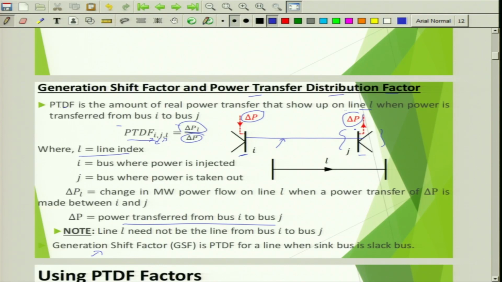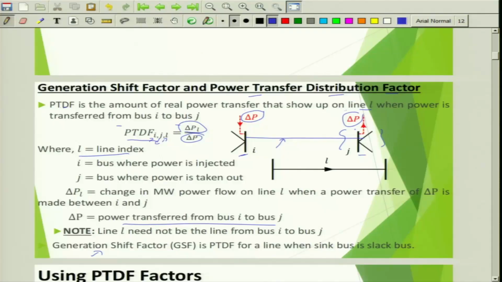That means what is happening, the slack bus is trying to compensate for the change in power flow at some specific bus I by consuming it, or it is like a negative injection. You understand, there is a positive injection and there is a negative injection or consumption, which the slack bus is maintaining. So that is what we call generation shift factor, that means generation is shifted from one bus to another bus.